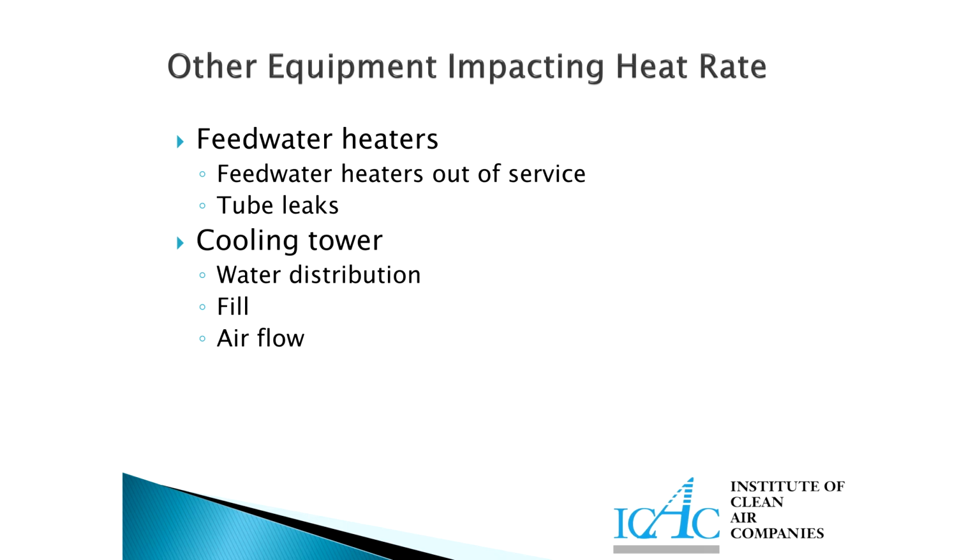They're usually in series, and depending on the boiler size, there are anywhere from 2 to 6 or 7 of them. If you have some of them out of service, you're not getting the temperature that the boiler requires to operate at its optimum efficiency. So therefore, you're losing energy.